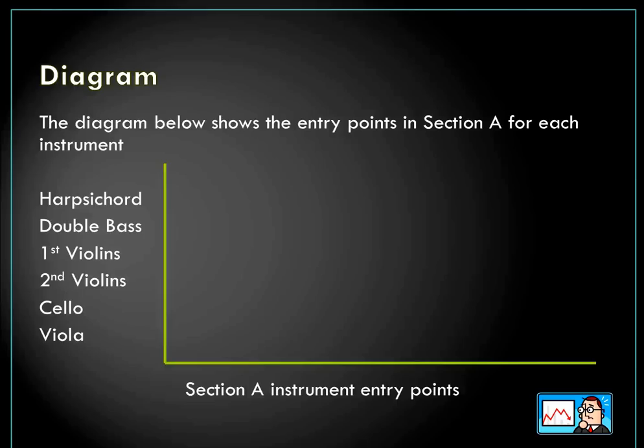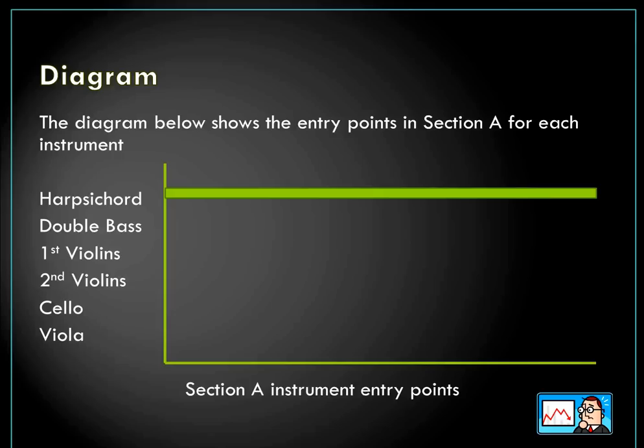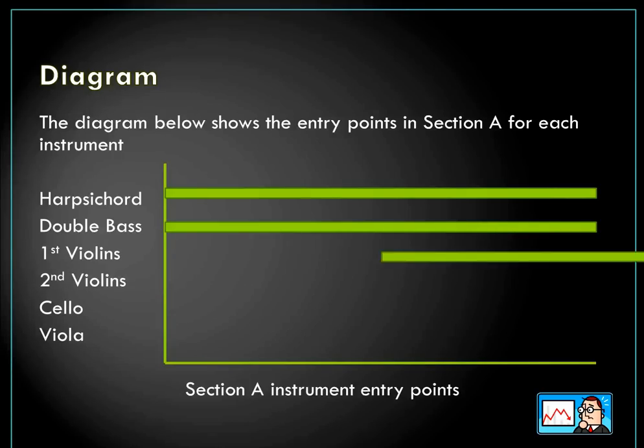And down the bottom you can see section A instrument and entry points. It's really important that you actually state that's section A, because if you had to just put what's down the side and listed the instruments and didn't actually label the bottom section, then the examiners wouldn't even look at the diagram, because they need to know that you know what section it is. So the harpsichord is played all the way throughout, and so is the double bass, because they both start the piece of music.